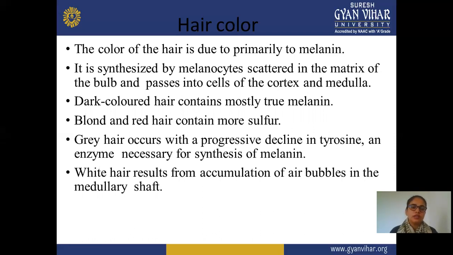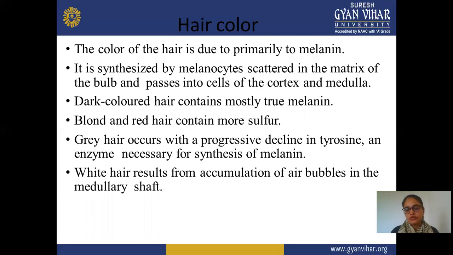Means if your hair is blonde or red, then in this condition you can say that you have more sulfur in your hair. And next, gray hair occurs with progressive decline in tyrosine.